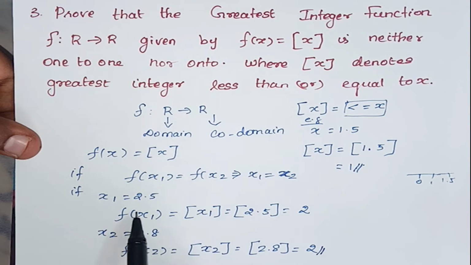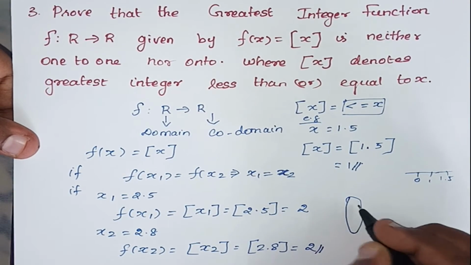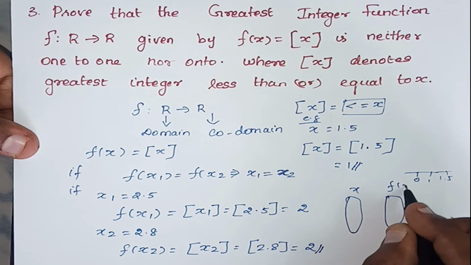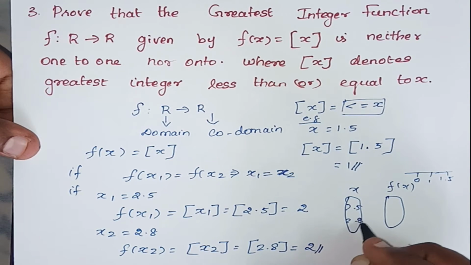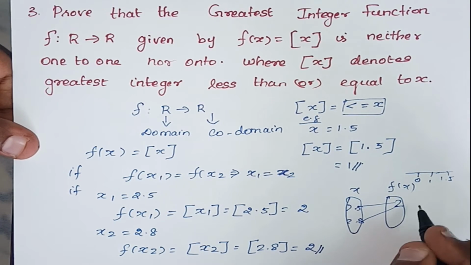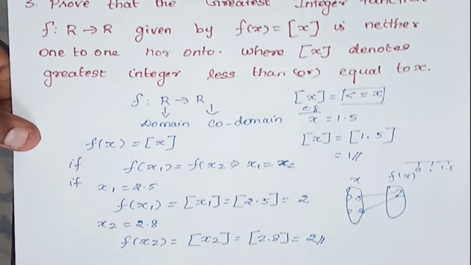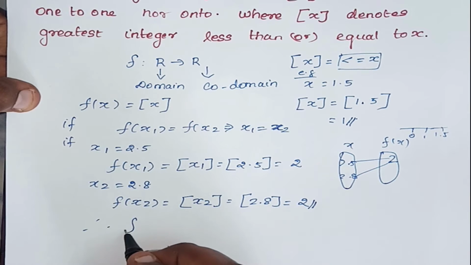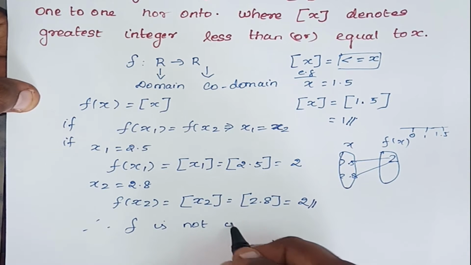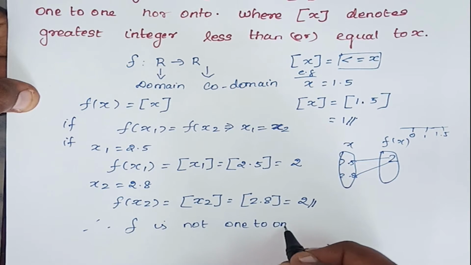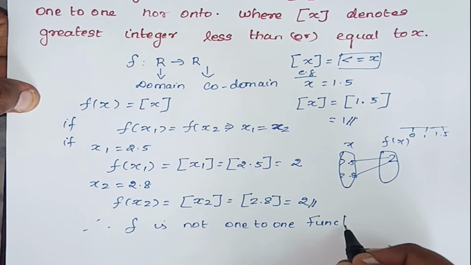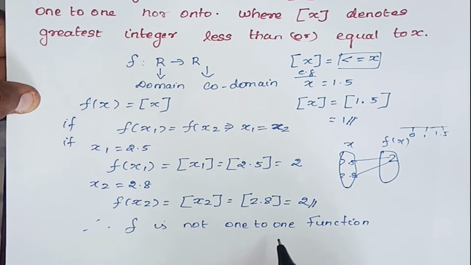So here, for two different inputs, we have only one output, right? 2.5 and 2.8 both belong to a single output. For two inputs, we have a single output. Therefore this function is not a one-to-one function. Okay, so we proved the function is not one-to-one.